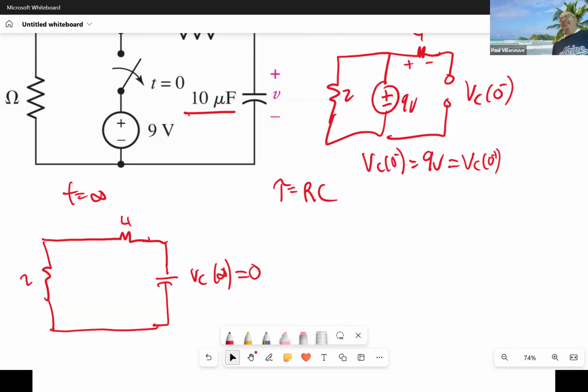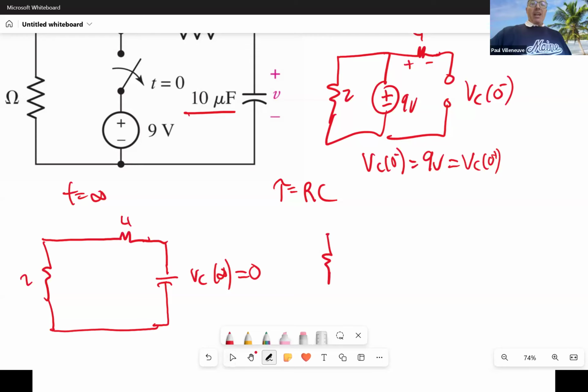Sort of. I don't know if that's quite. I mean, yes, they do, but this capacitor is discharging, right? It's discharging through those 2 resistors. Aren't those 2 resistors the Thevenin equivalent resistance seen by the capacitor?